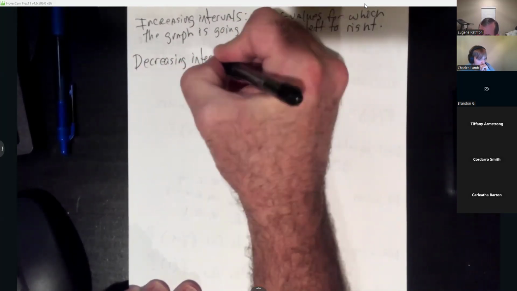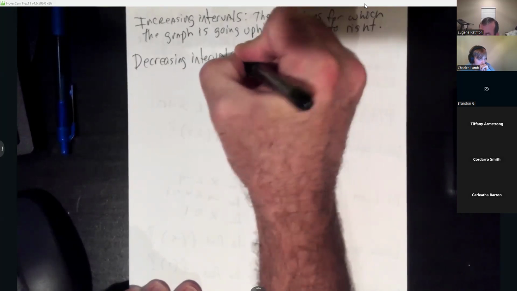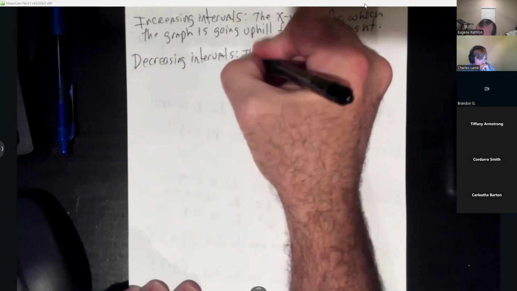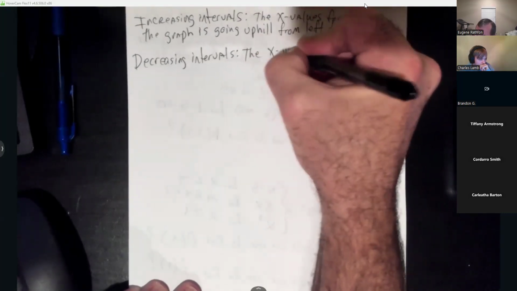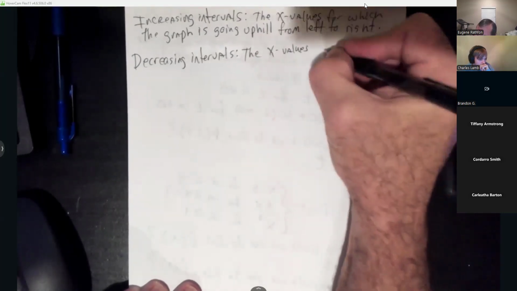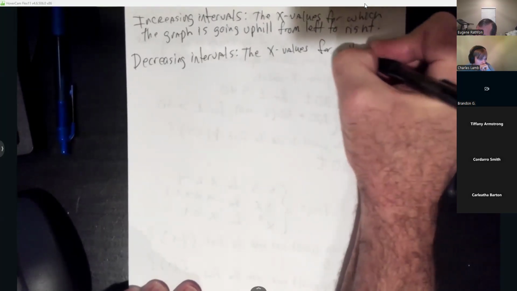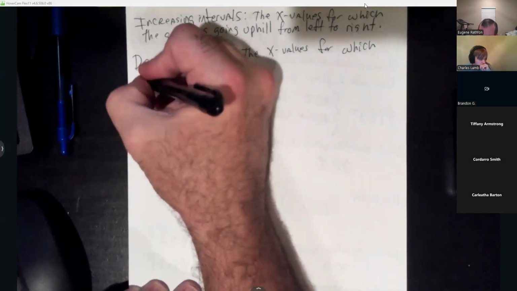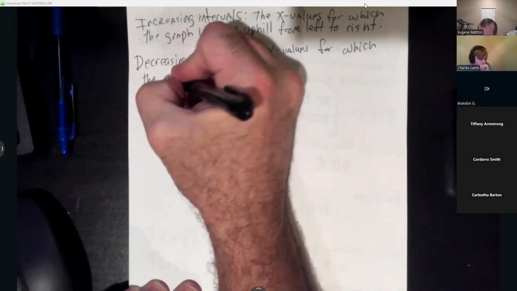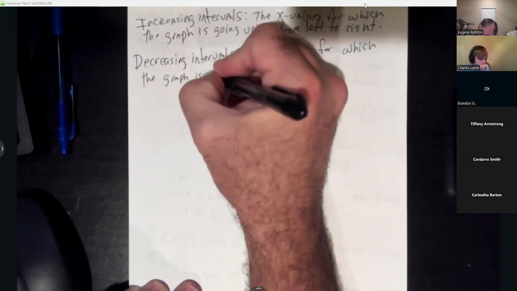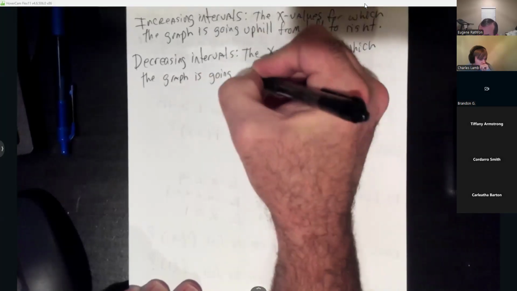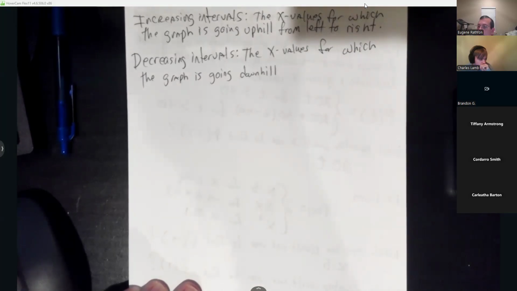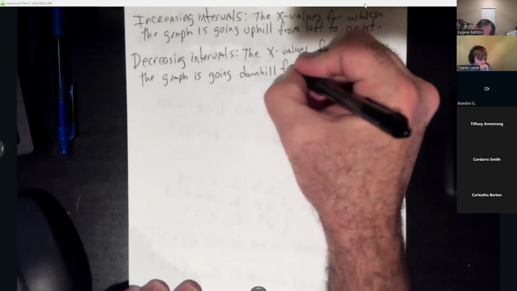Decreasing intervals. Those are going to be the x values for which the graph is going downhill from left to right.